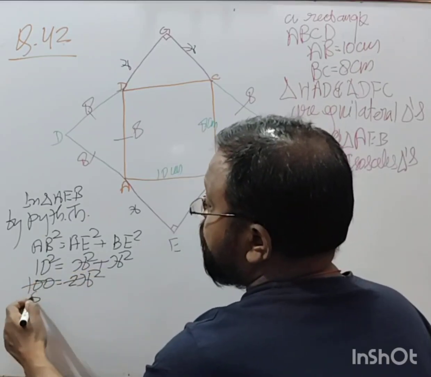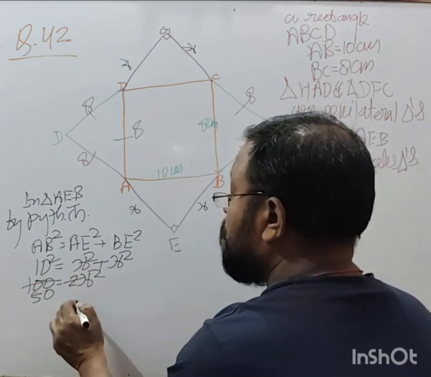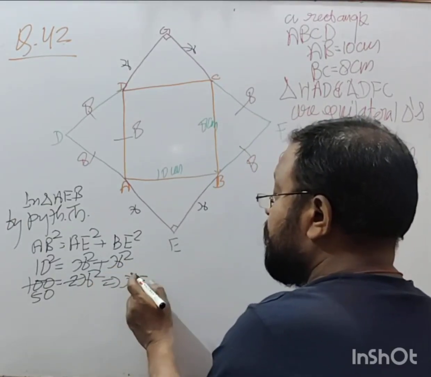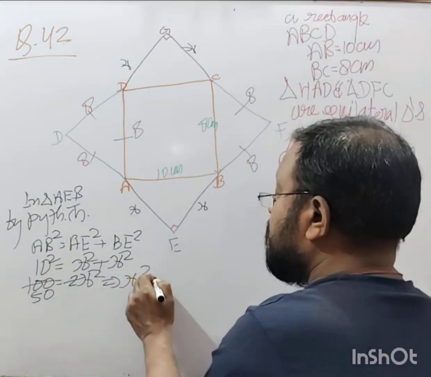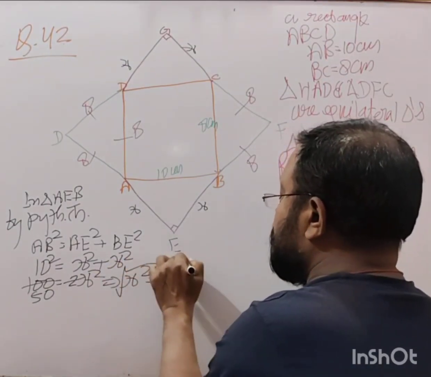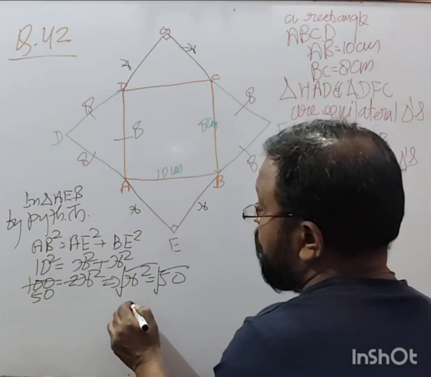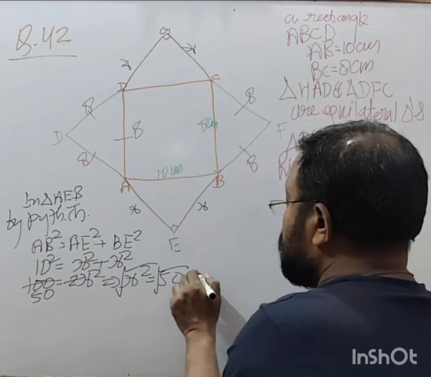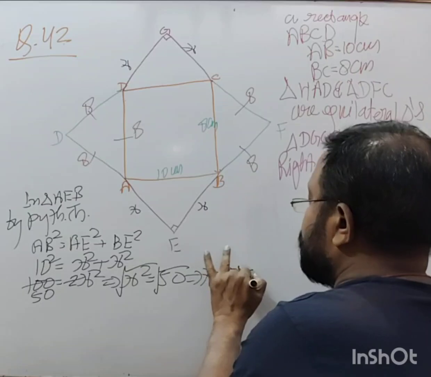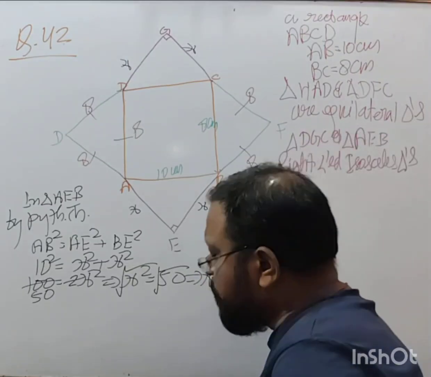It becomes 50. So we get x square is equal to 50, taking root on both sides. So x is equal to 5 root 2, right?